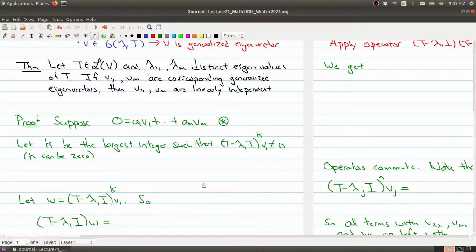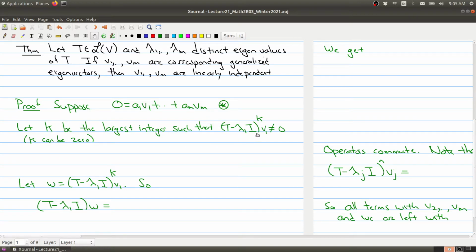So this is a nonzero vector, and we set w to be this nonzero vector. What can we say about it?